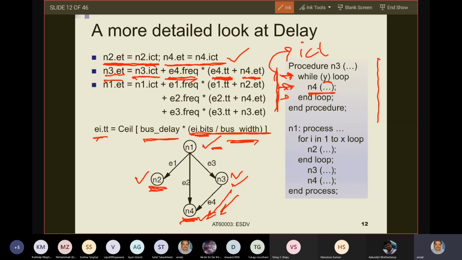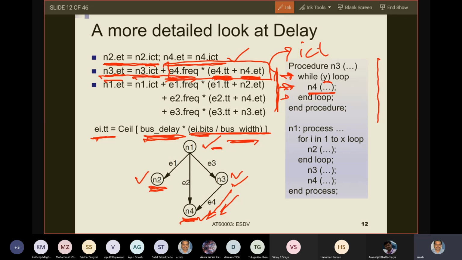And each time I send this, I incur a delay given by the bus delay. So ei.tt gives me the total delay on the bus for transmitting one chunk of data. So this is e4.tt here, and n4.et is the execution time, and this total gives me the total overhead of calling n4 from n3. So this gives me the total execution time of n3.